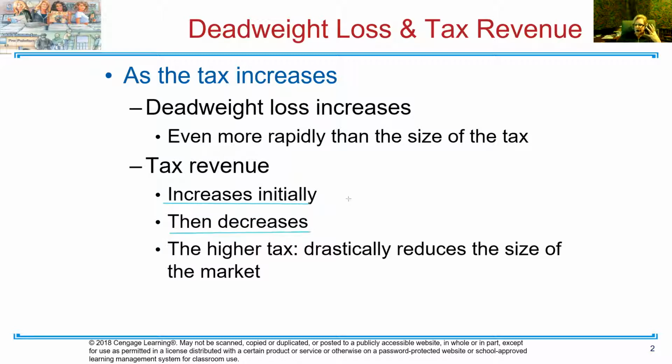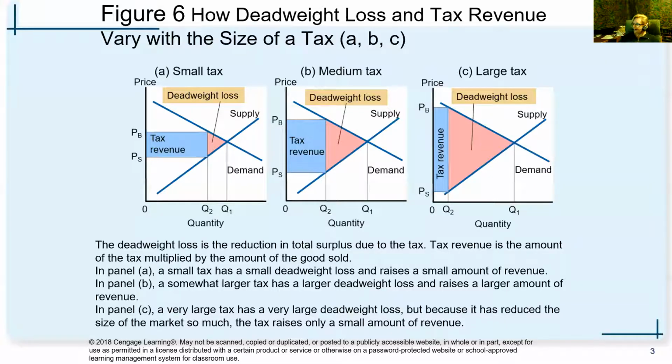So what we end up with is a high point, and that high point corresponds to where tax revenue is increasing and deadweight loss has not overtaken the value or the benefit from that increase that we see. So let me go ahead and erase those. Let's see, clear. Okay, and let's move on.